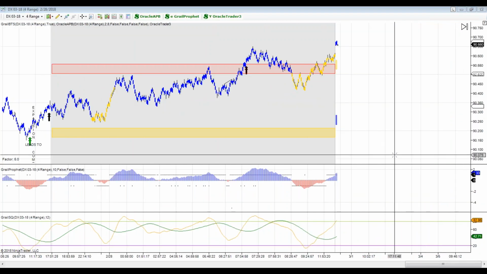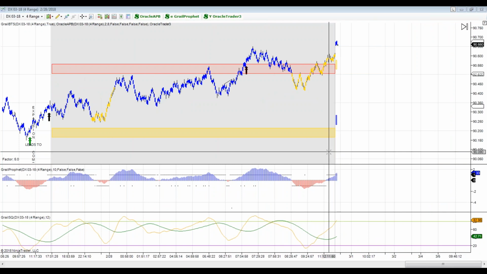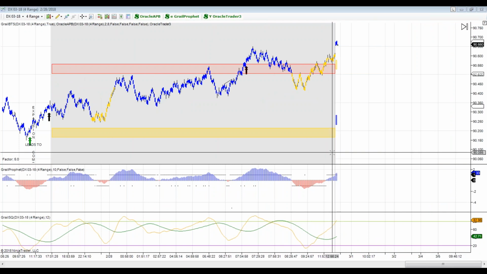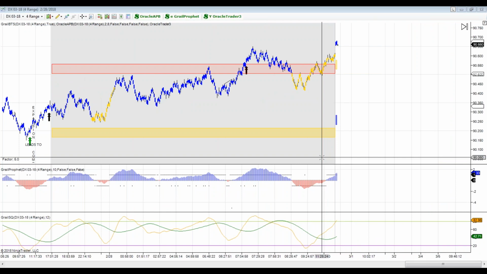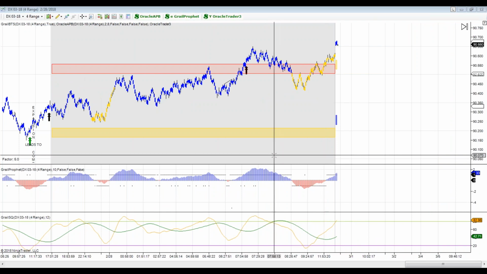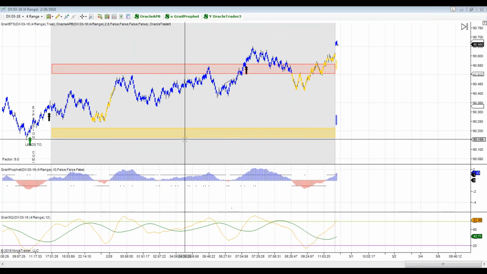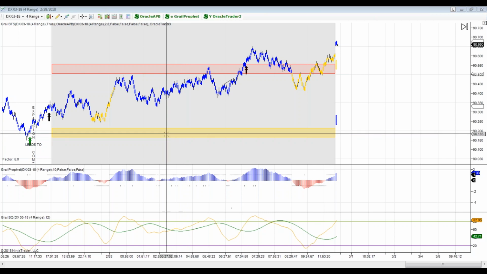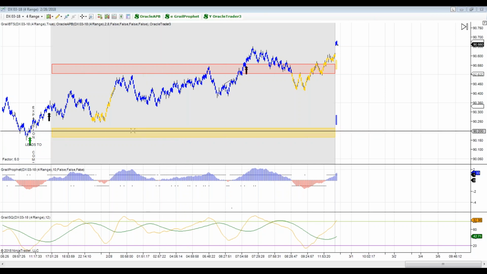Here's its cousin, the dollar index. And of course, the dollar index is, I believe, 49% comprised of the 6E, and then the other percentages on the yen, the Swiss, the pound, and one other.